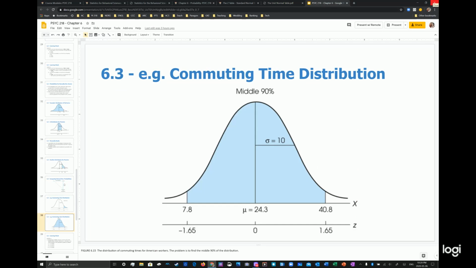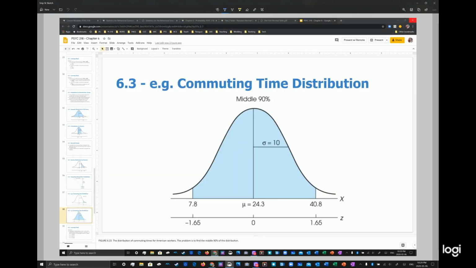So here's another one. This is not percentile, but the middle percentage. Notice here it is the middle because we are not only looking at this part that is above the mean, above the z-score, but also the negative z-score as well. So it's plus 1.65 and minus 1.65.